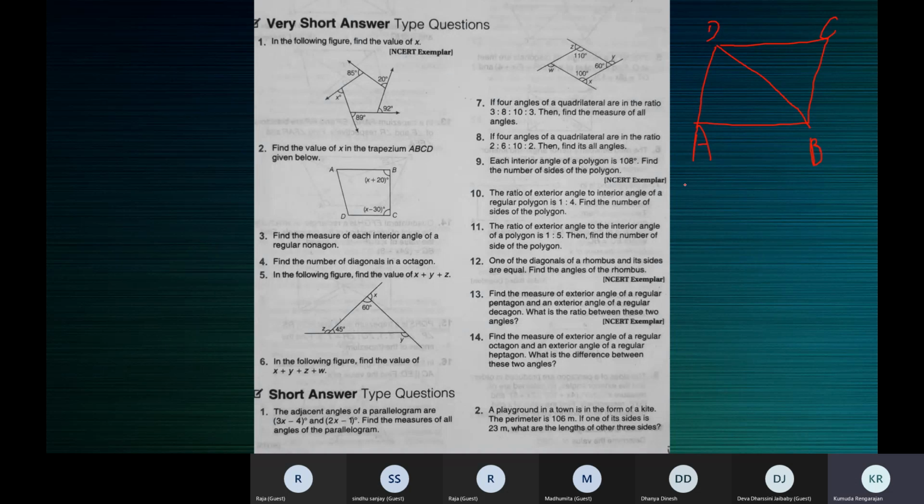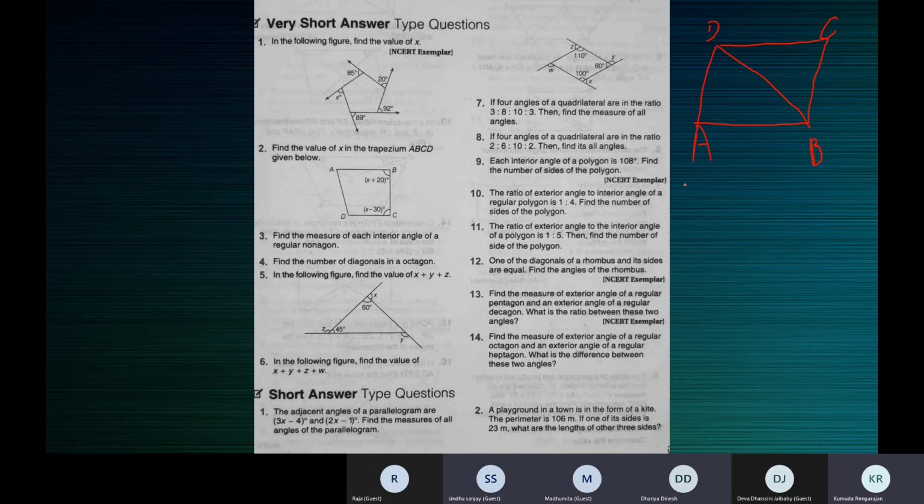Now in triangle ABD, the three sides are equal, right? AB is equal to AD is equal to BD. Are you all following me?